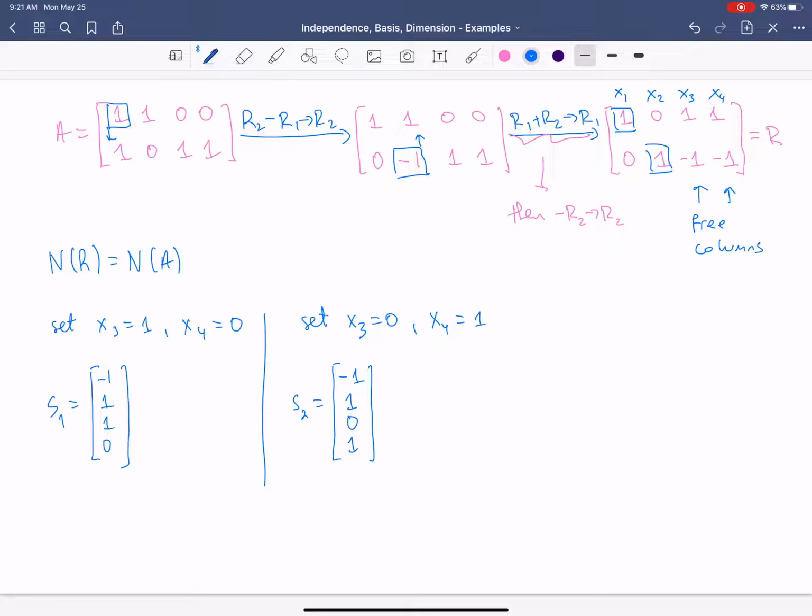And then when you do that with the second row, we have 1 times -1, which is -1, plus 0, that's not interesting, plus 1. So far, if we're keeping track, that's 0, and then you have 0 times 1, which is 0. And similarly, the dot product of this row with this column gives us 0. So the basis in question is these two special solutions.